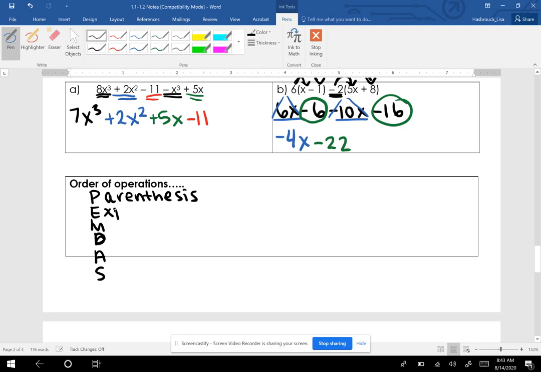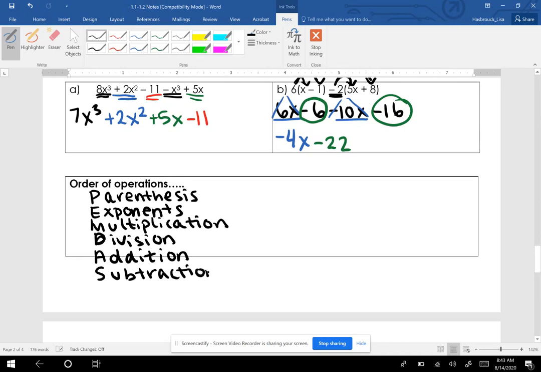E is exponents. M is multiplication. D is division. A is addition. And S is subtraction.